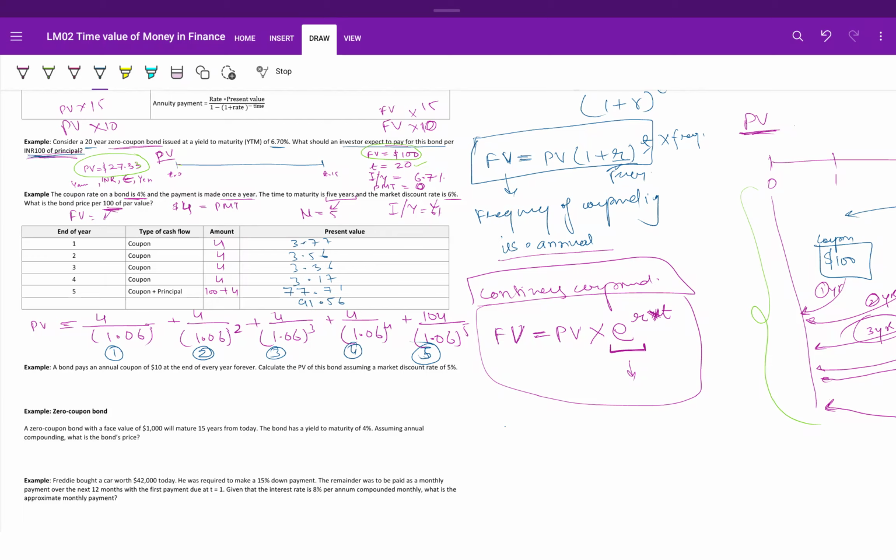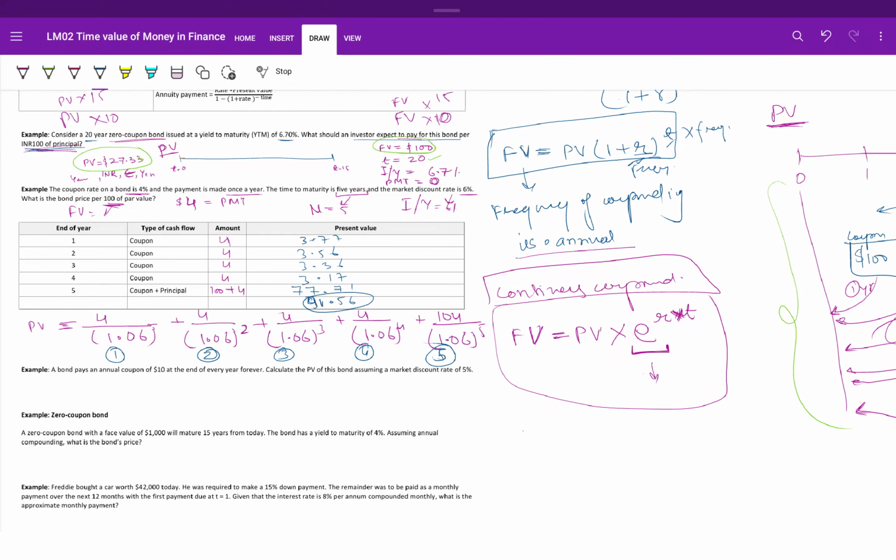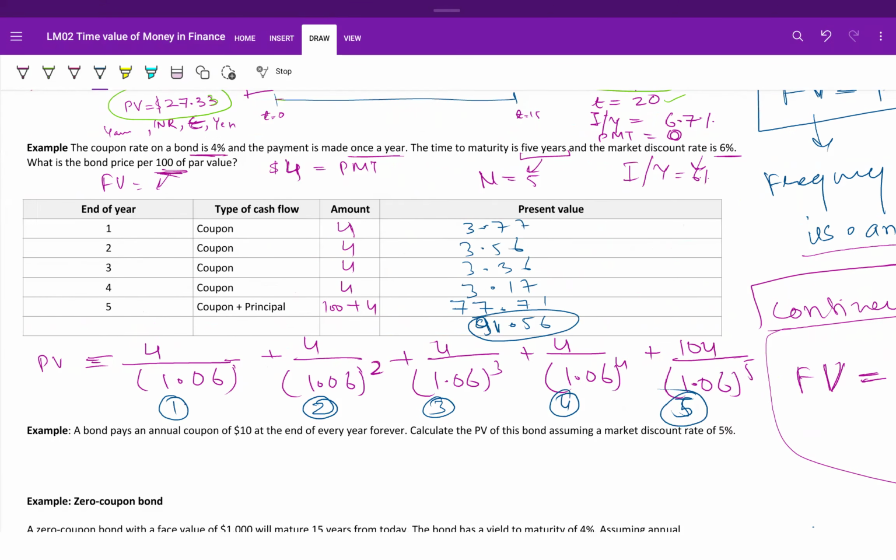This is what I am willing to pay for a bond, for every $100, with this cash flow. If the bond is going to give me a $4 coupon payment and my principal at the end of the tenure, today I'm willing to pay $91.56 for that bond.